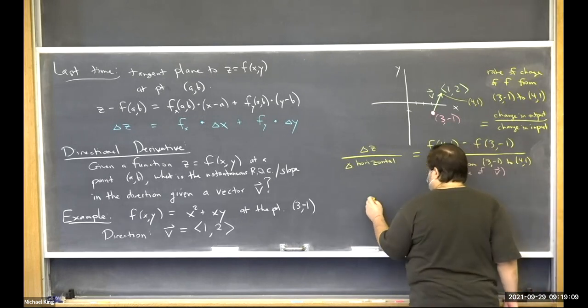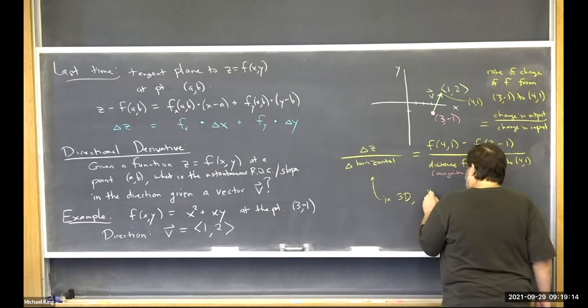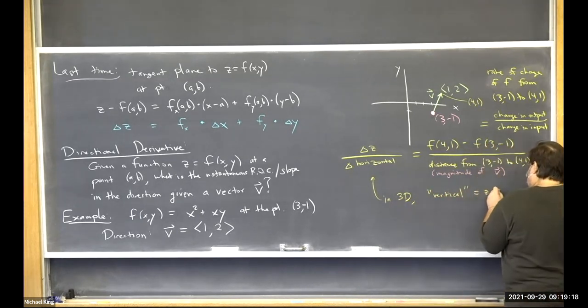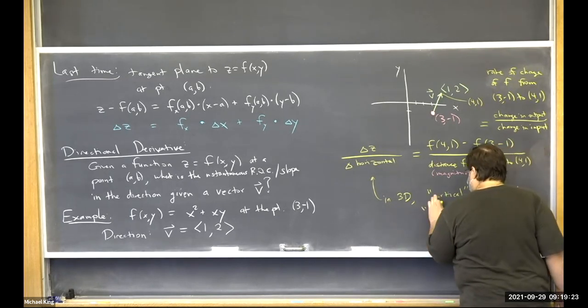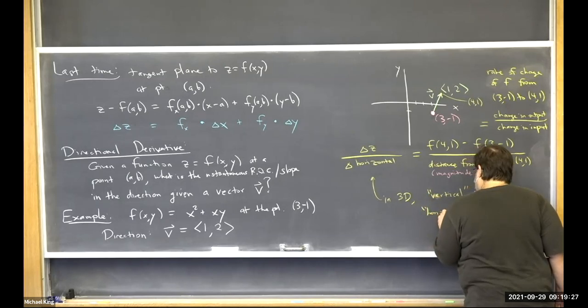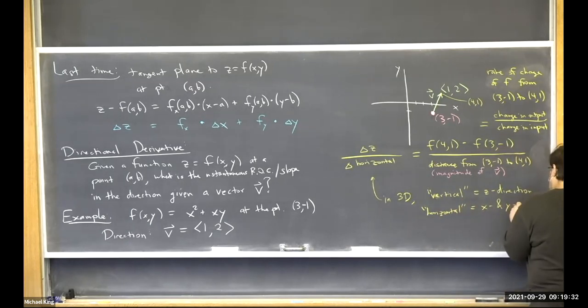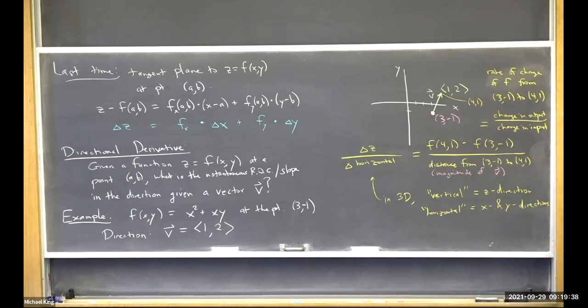So 3D vertical is the z direction and horizontal movement is the x and y directions. Okay, so that's a way to measure the average rate of change, or just the rate of change.